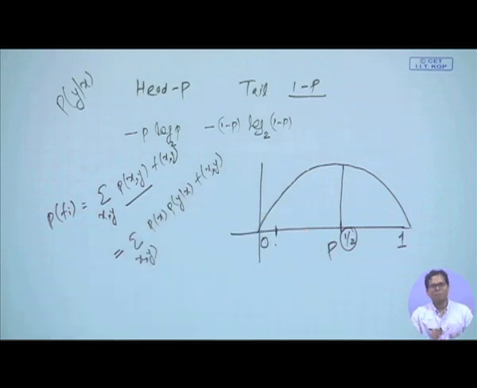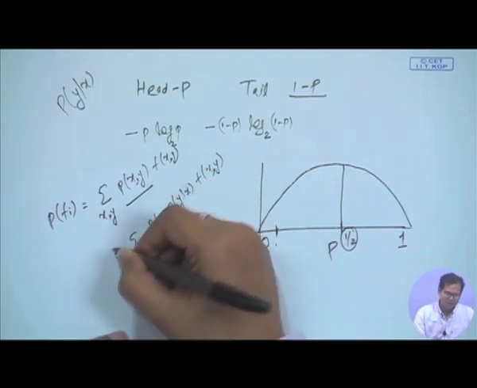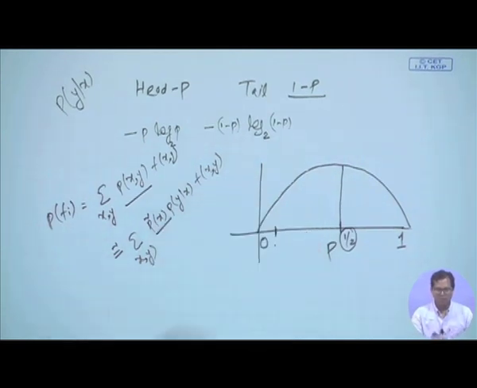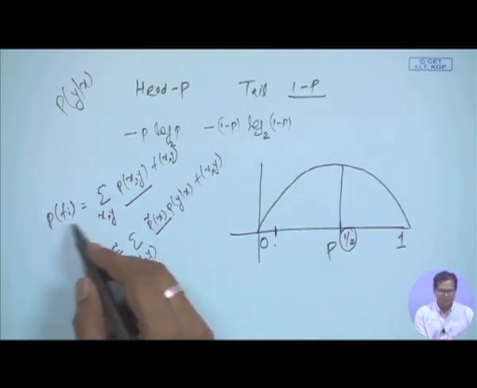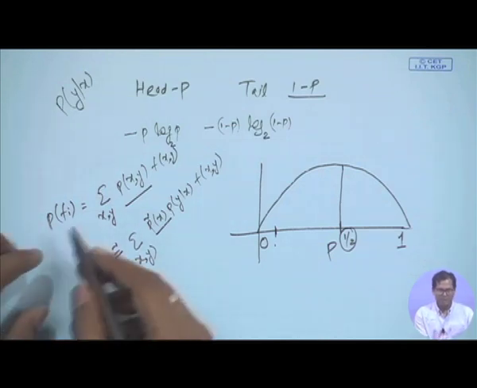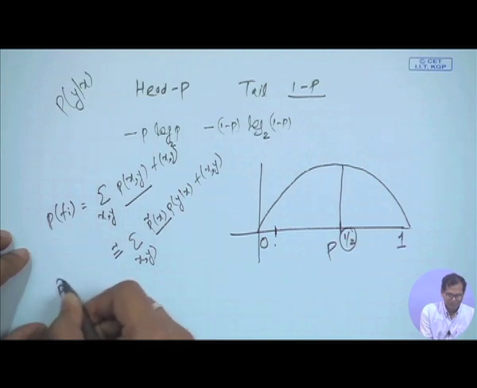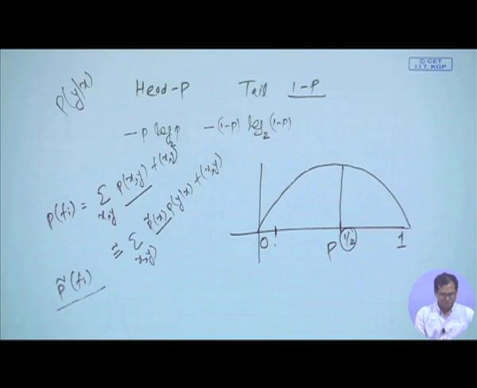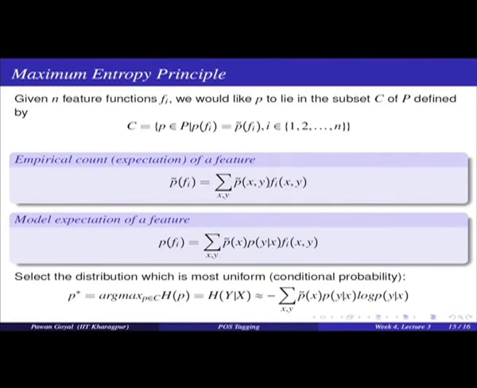Because we are not computing p(x) in our model, I can approximate it with the empirical count of x. This gives me the model probability of the feature. I want to make it closer to p tilde fi, the empirical probability of the feature. So I have the empirical count and model count, and I want to select the distribution that is most uniform subject to this constraint.